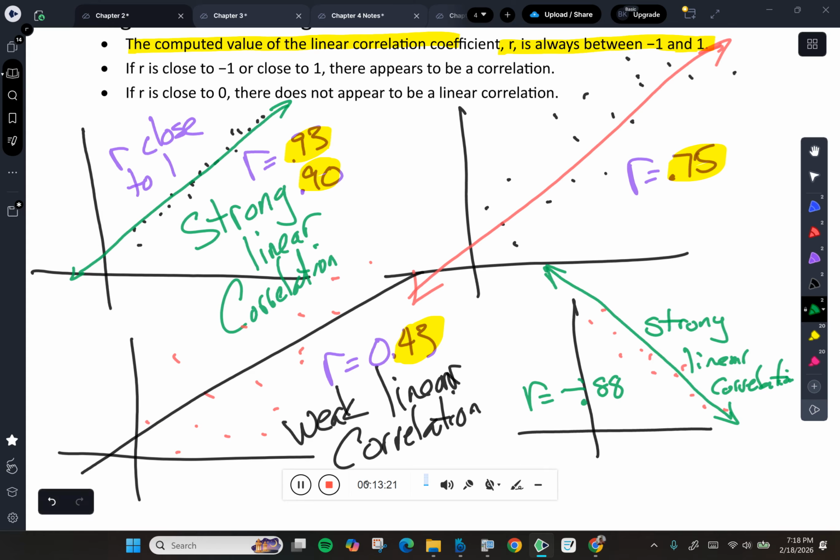And that negative would tell me that it's going down rather than going up. The 0.88, because it's close to 1, means I'm strong.